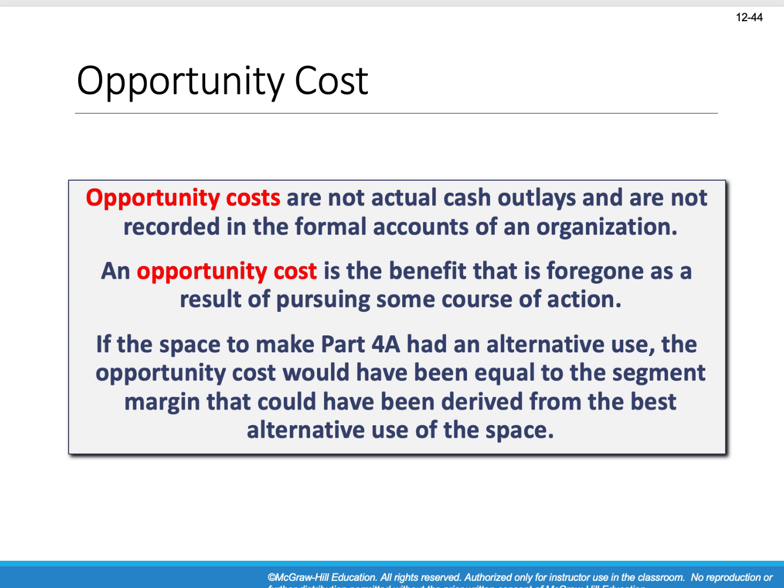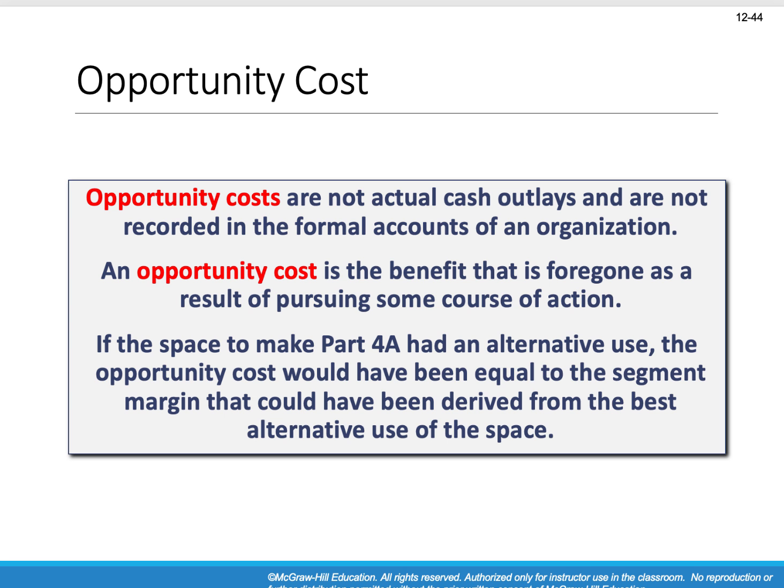Okay. Real quick, we already defined opportunity cost, right? We know it's what you give up to get something, right? That's how we defined it. What you give up to get something. The benefit that is forgone as a result of pursuing some other course of action, okay?